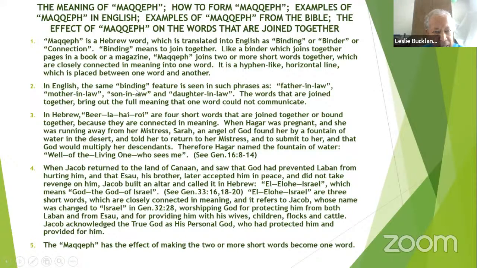In English, the same binding feature is seen in such phrases as father, then you have a horizontal line, then you have the word in, then you have another horizontal line, and then you have the word law, and it is pronounced like one word, father-in-law. And it's different in meaning from just father, because father-in-law means that this man is related to, let us say, this woman or this man through marriage.